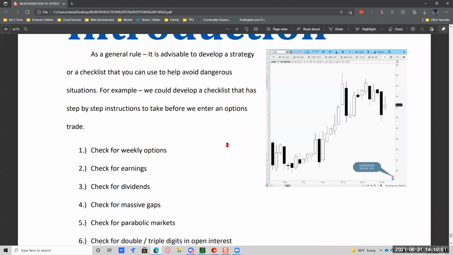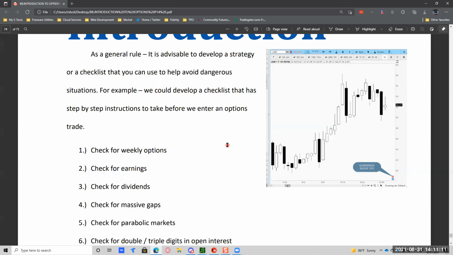So a little bit of a checklist that you can use before you get into a trade can really carry you a long way. When I was newer to trading, I would forget to check to see if there's earnings. I know how silly that may sound if you've been trading for a long time. Like, how can you forget to check that? I was new. I would forget.